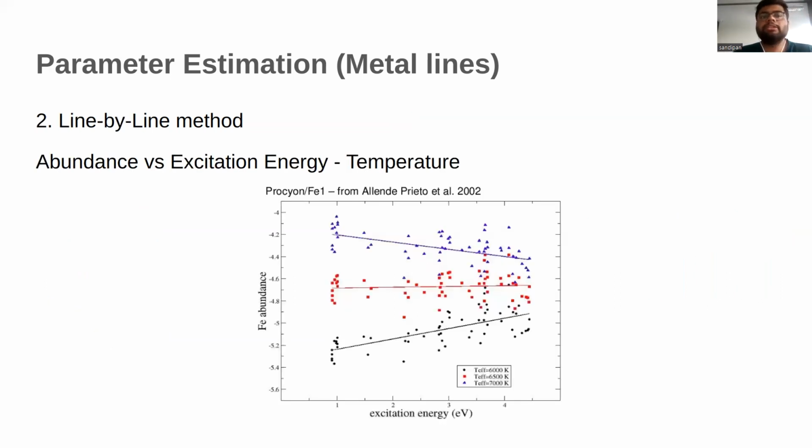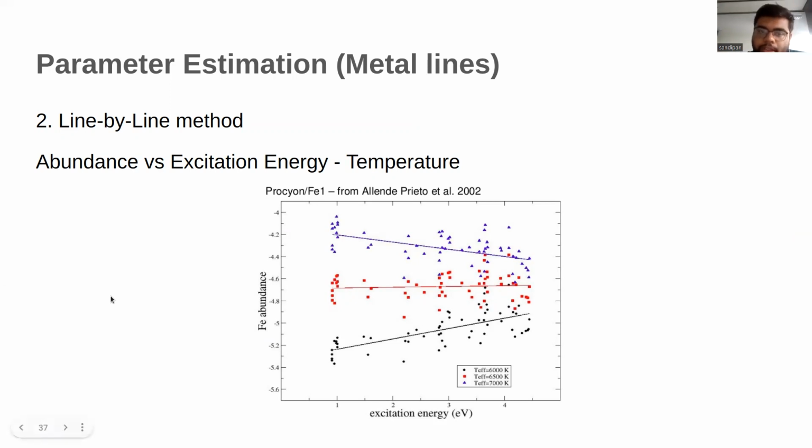Another methodology that can be used for analysis of metal lines is called the line-by-line method. Here, you assume a temperature, surface gravity, and all the velocities, that is, you take initial values. Next, you plot the abundance of, let's say, iron in this case, against the excitation energy.